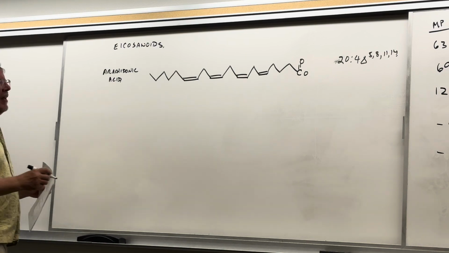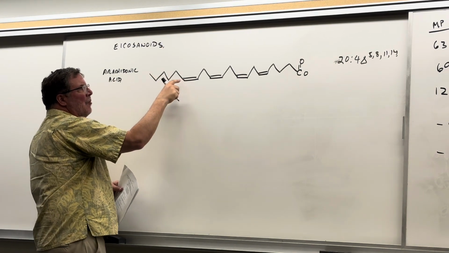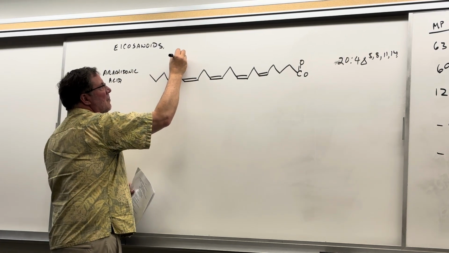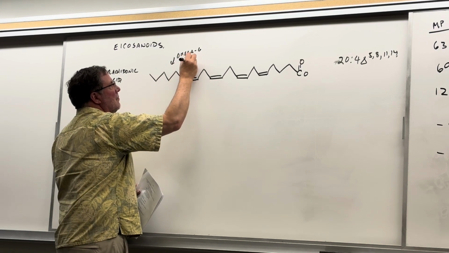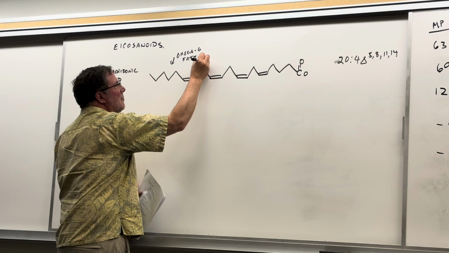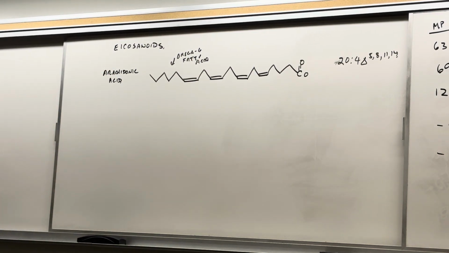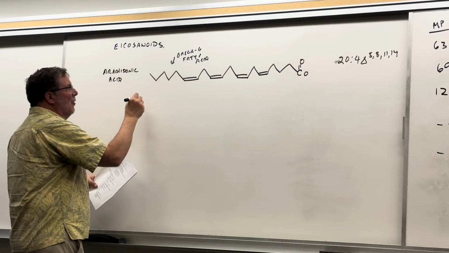So this is an omega-6 fatty acid because it has a double bond 6 carbons away from the omega end. This is a biosynthetic precursor to eicosanoid signaling molecules.